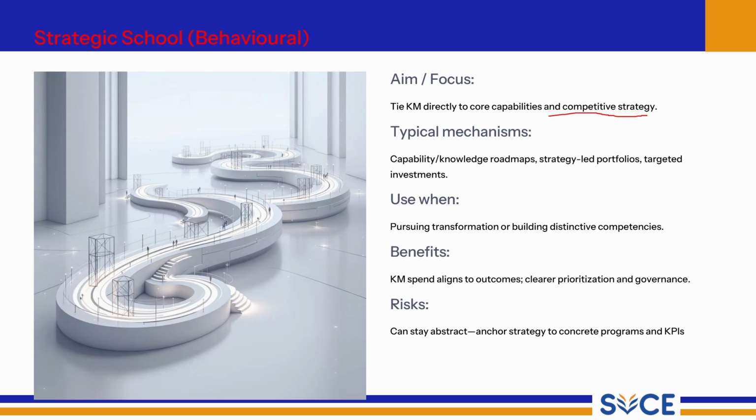We use this tool when the organization is transforming, entering new markets, or building unique competitiveness that demands focused knowledge alignment, that is, supporting the transformation and building distinctive competency.